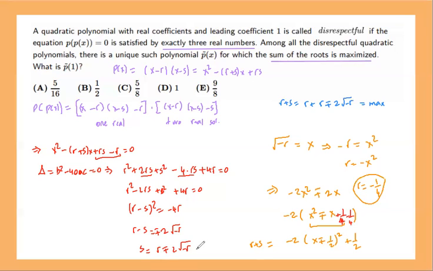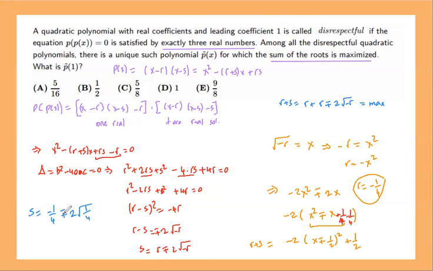So if I plug r in, let me do this real quick. The s value is equal to r, which is negative 1/4, plus or minus 2 times square root of negative r. So r is negative 1/4, so that should be just 1/4.